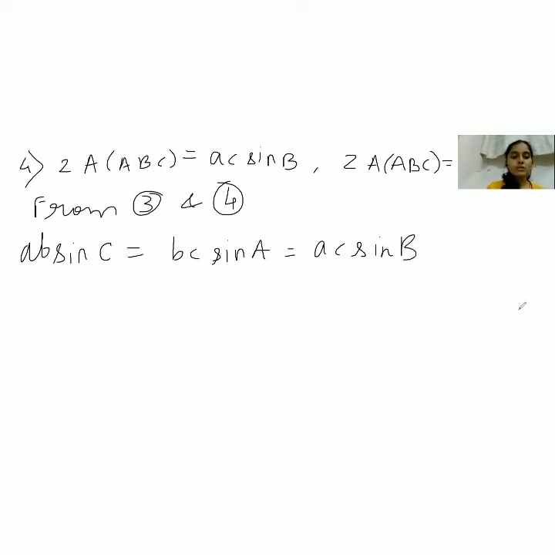Now what we'll do is divide the entire expression throughout by small abc.